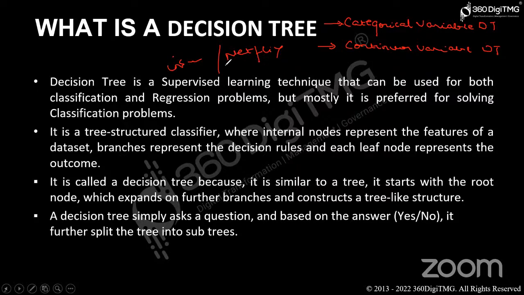As we know this is a very important variable when we talk about salary, we can build a decision tree to predict customer income based on occupation, product, and various other variables. In this case, we are predicting a continuous variable.